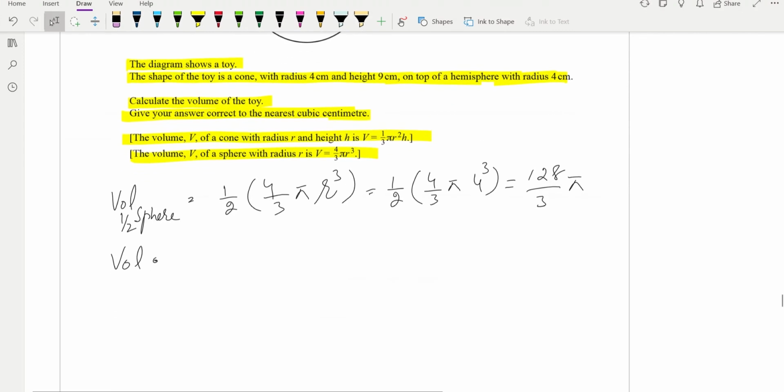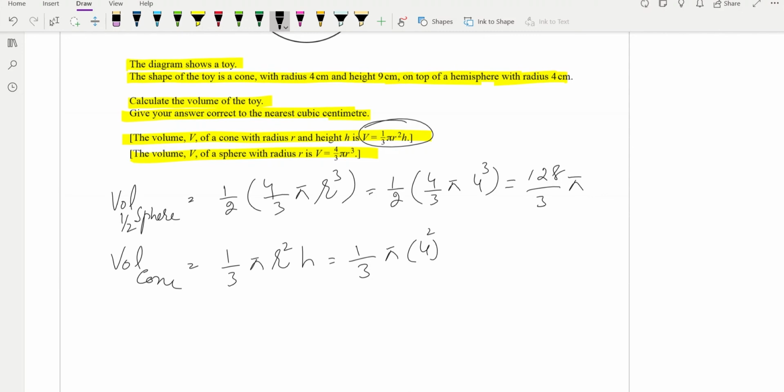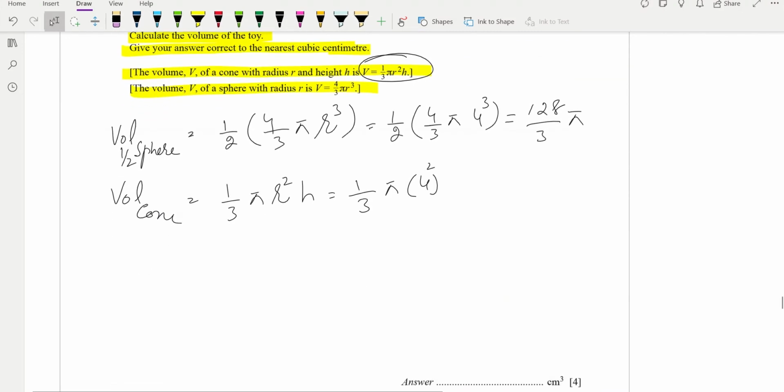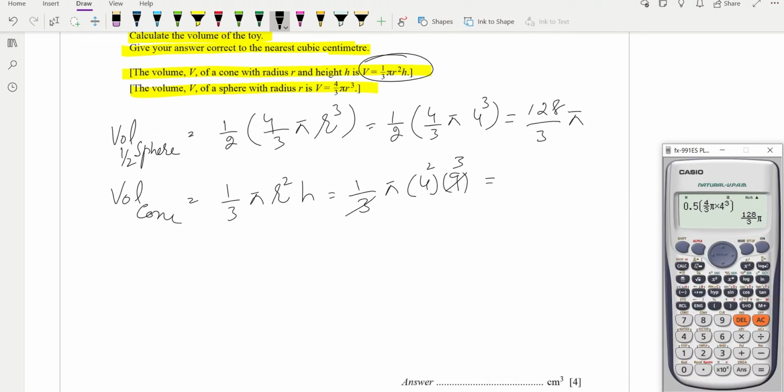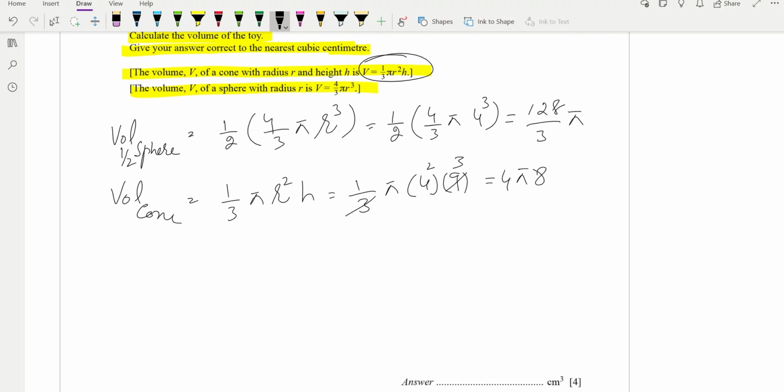So volume of cone will be equal to, this is the formula for cone, 1 by 3 pi r squared h, and this will be equal to 1 by 3 pi, r is 4, so 4 squared, and h value is basically 9 centimeters, and this is equal to 3 3s are 9, and we can calculate the remaining portion, which is pi into 4 squared. 4 squared will be 16, but I am writing 4 squared multiplied by 3 is equal to 48 pi. So we will be adding these two volumes.